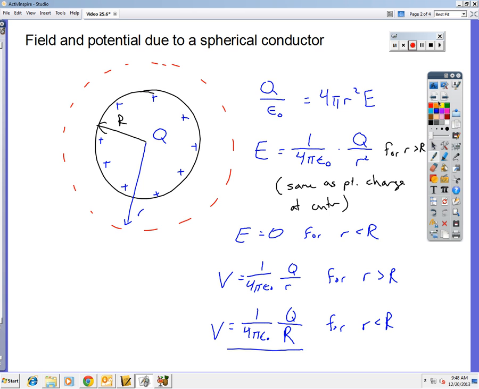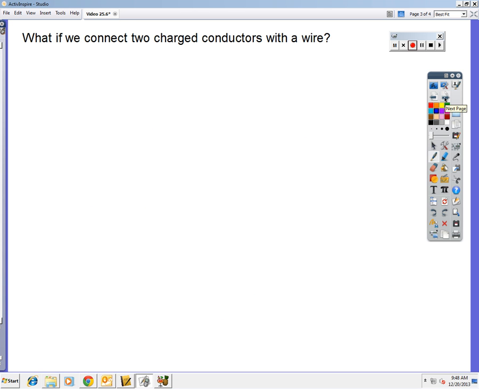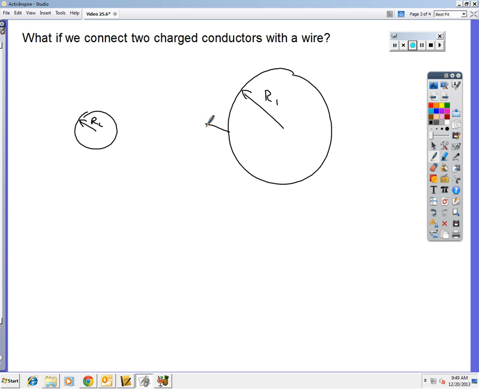That's all very well and good, but let's see what happens if we take two spherical conductors, one with radius r1 and a smaller one with radius r2, and we connect them with a wire. The result of connecting them with a wire is that charge can spread out between them. And the charge will keep moving until the potential V1 is the same as the potential V2, because now they're effectively one big conductor, and that means their potentials have to be equal.